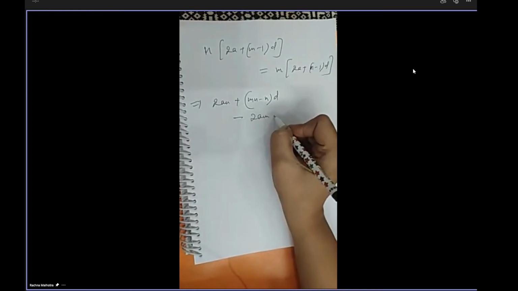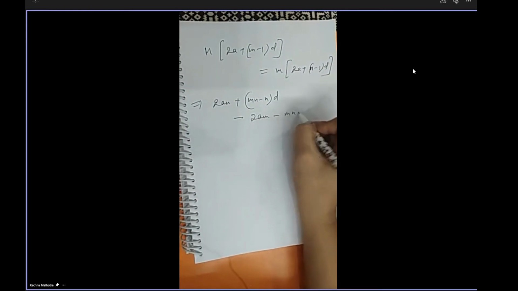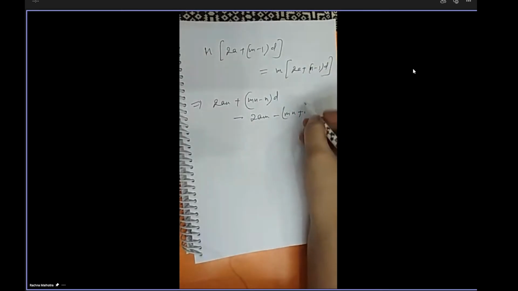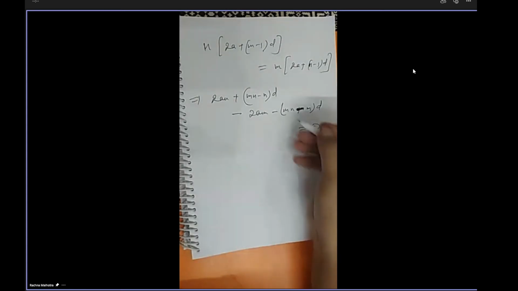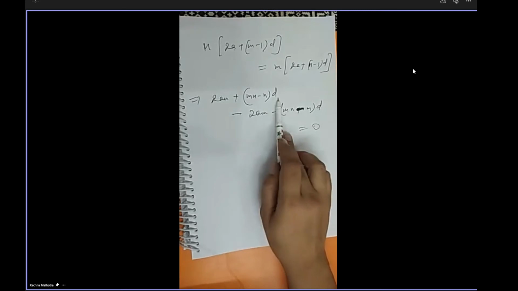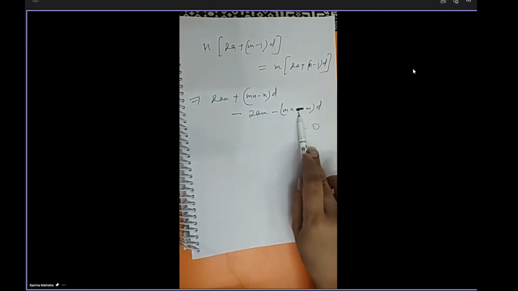Directly I'm shifting these terms to the left hand side. This is 2am minus mn plus, okay, I'm not opening this one. We never open this. This is a negative sign. 2an, mn minus nd, 2am. I'm shifting this term to the left hand side, so it will become negative. mn minus nd. What should I do now?